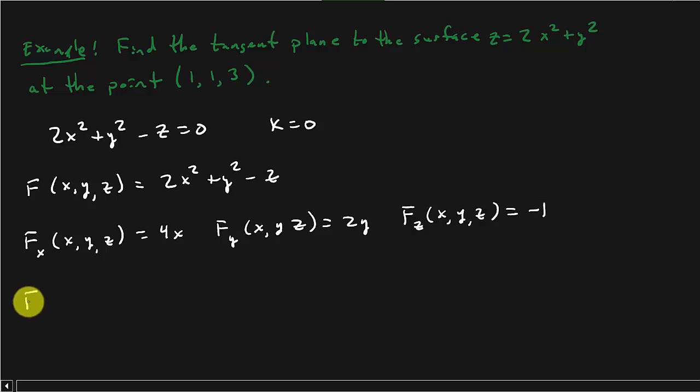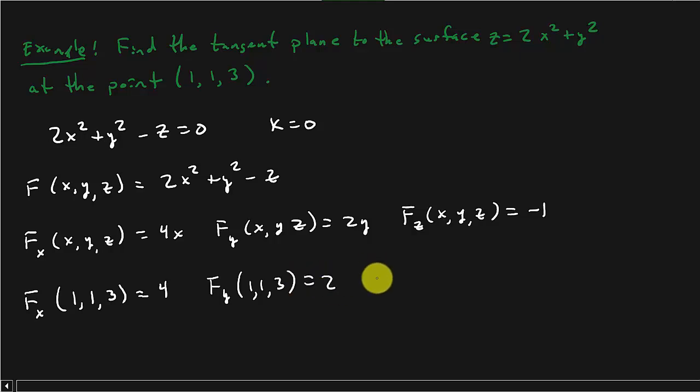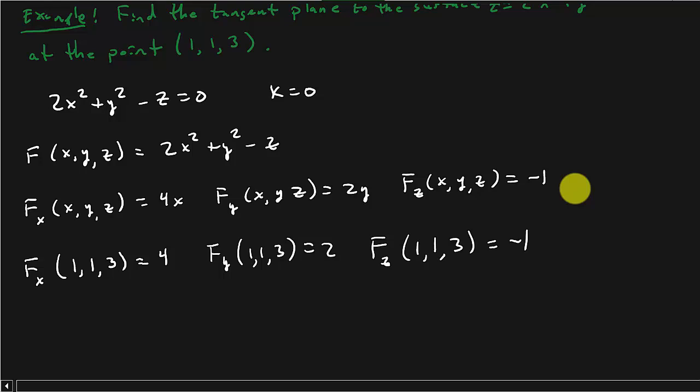And so, when we evaluate at the point, I'll write it all out, and that's going to be 4. And then we're going to evaluate this at the point 1, 1, 3. That's going to equal 2. And then we've got this one evaluated at the point 1, 1, 3. Now that's just always negative 1.